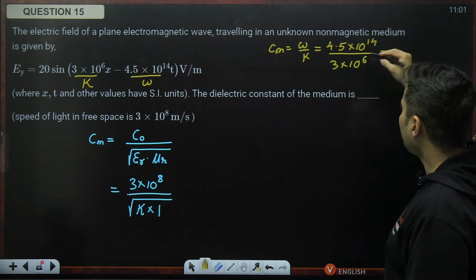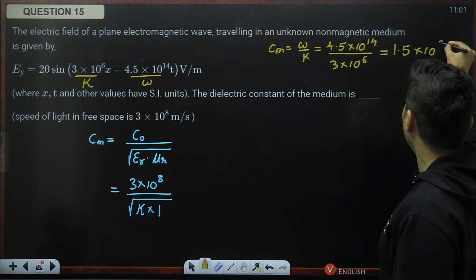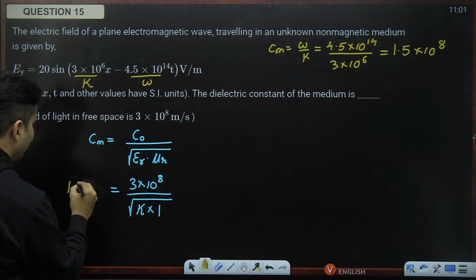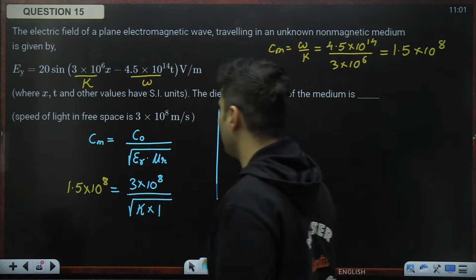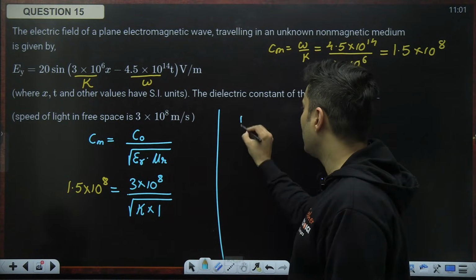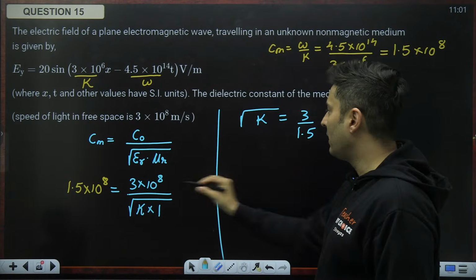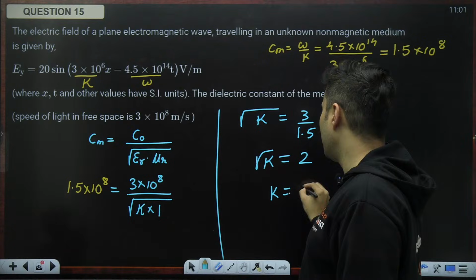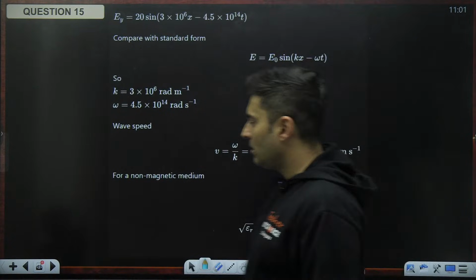It will become 1.5 into 10 to the power 8. Solving this, you will get the answer, of course. Only thing unknown is K. So you can see root of K will become 3 divided by 1.5, 10 to the power 8 will cancel. So this is 2, that is root of K. So K will be nothing but 4. So the answer should be 4. Yes, perfect.